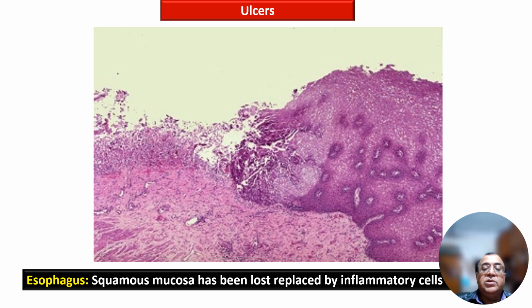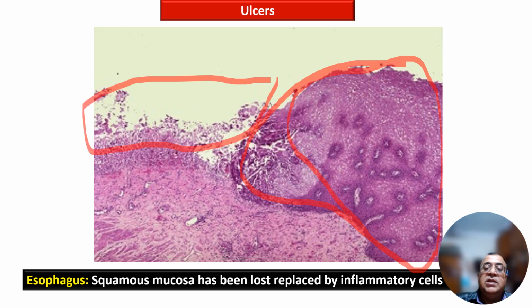Here the microscopic appearance of an esophageal ulcer is seen, and you can see that there is presence of stratified squamous epithelium over here, but over here it is absent. This mucosa is absent and there is some underlying inflammatory material present.